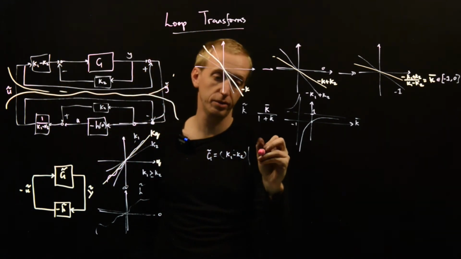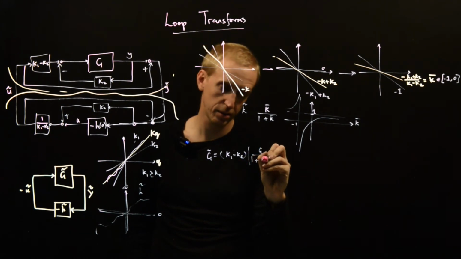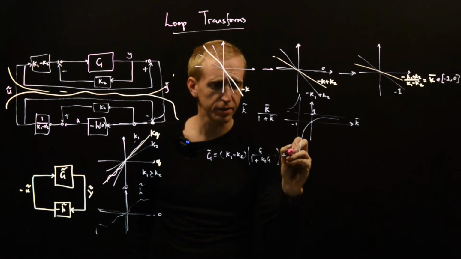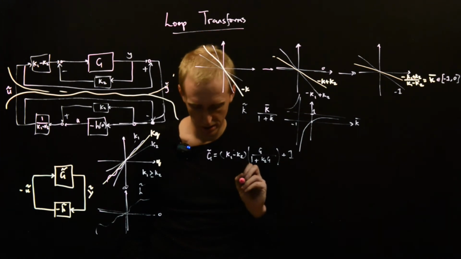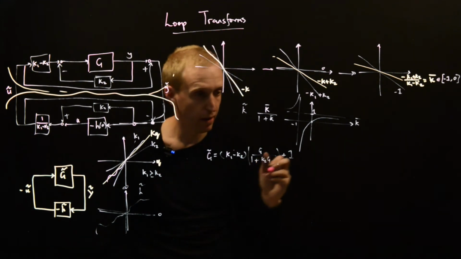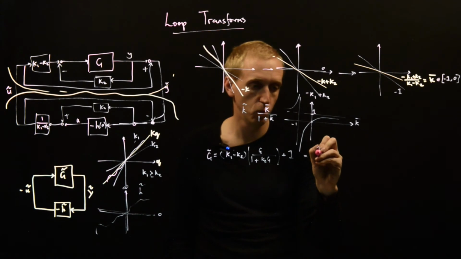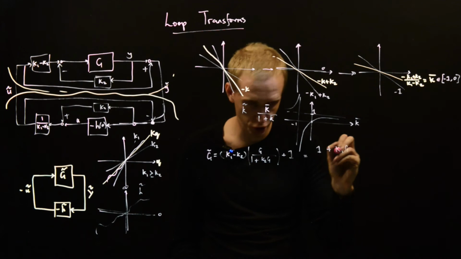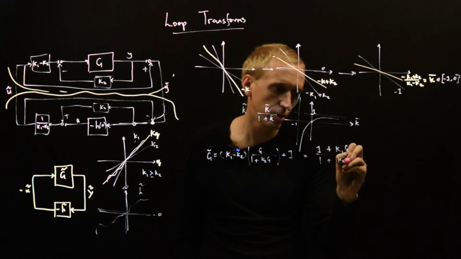This transfer function is just g over 1 plus k2g, and then we've got plus 1 here. And if we simplify this, we get 1 plus k1g over 1 plus k2g.